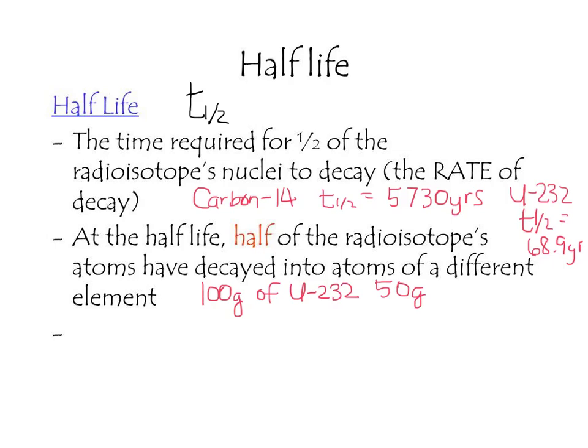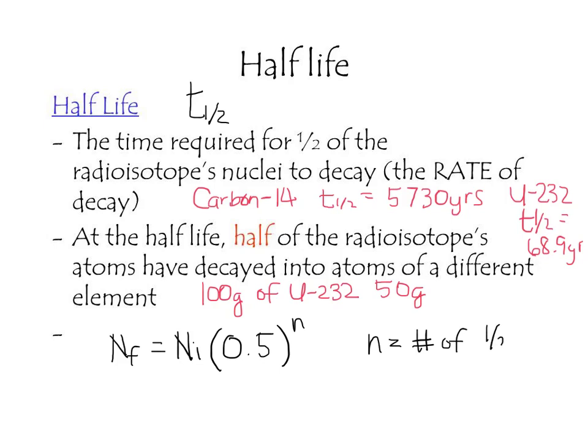The final mass is equal to the initial mass times one half to the nth power, and n is equal to the number of half-lives. In the next video, you'll be able to see calculations dealing with this equation.